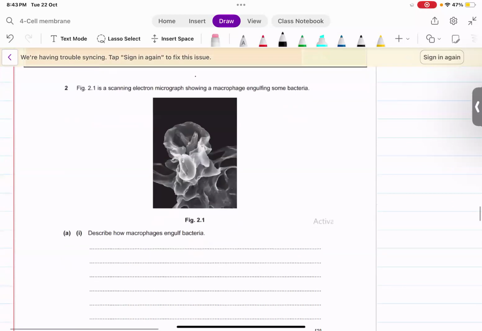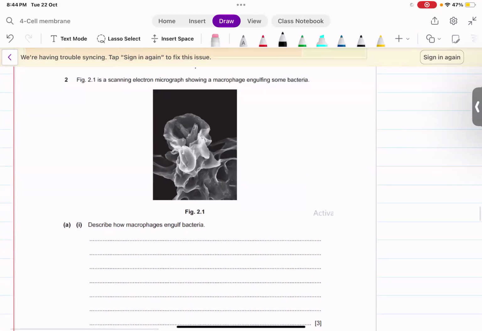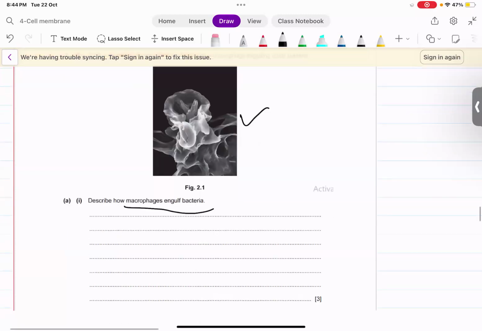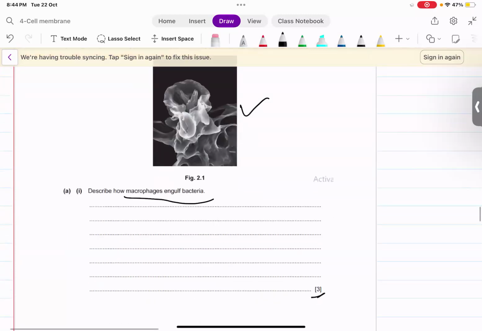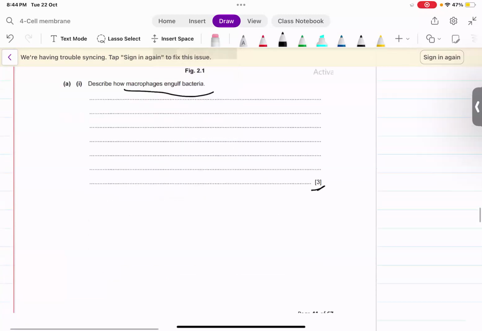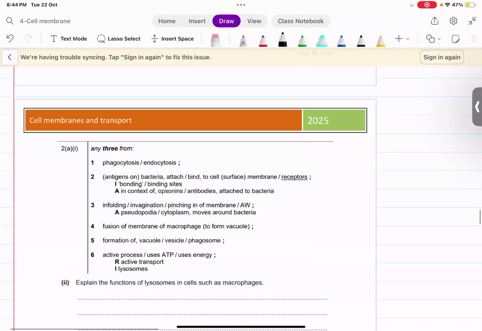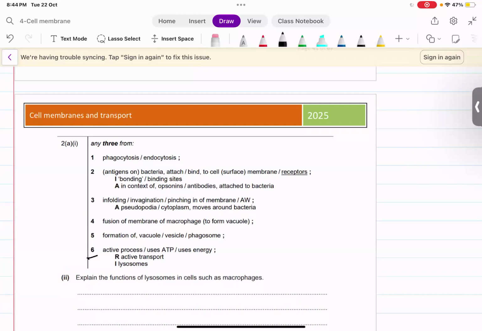Next: a scanning electron micrograph shows a macrophage engulfing some bacteria. Describe how macrophages engulf bacteria. That's the same question again. Only the image differs, but the rest of the question is the same, and we've answered that. There are 6 steps given here.